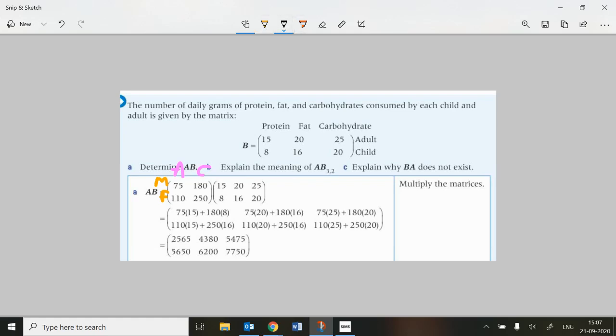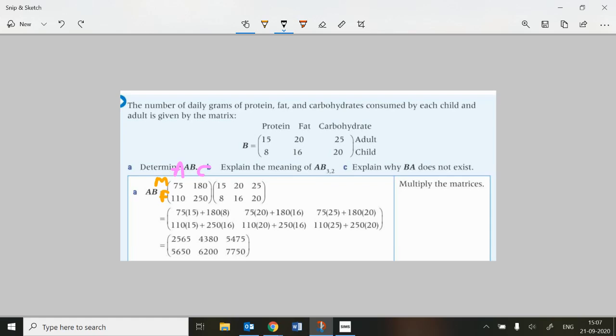It's saying that we also have this second matrix here, B. B is splitting up the daily intake of protein, fat, and carbohydrate that adults and children would be taking in. So the number of daily grams of protein, fat, and carbohydrates consumed by each child and adult. It's fixed per adult. And perhaps this is an assumption, or perhaps this is a specific experiment where they're being given out these quotas.